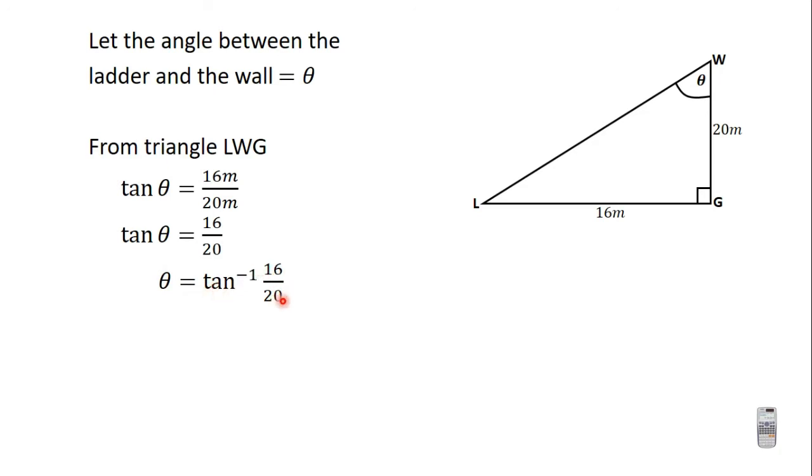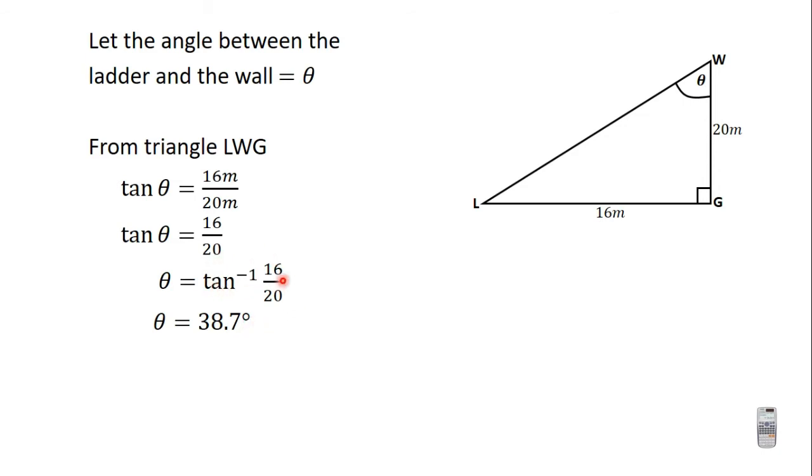We have learned how to find tan inverse on your calculator. So theta is equal to 38.7 degrees. You press shift, then you press tan, and you enter 16 divided by 20. That will give you tan inverse of 16 divided by 20, which is 38.7 degrees. The question said we should correct our answer to 3 significant figures.